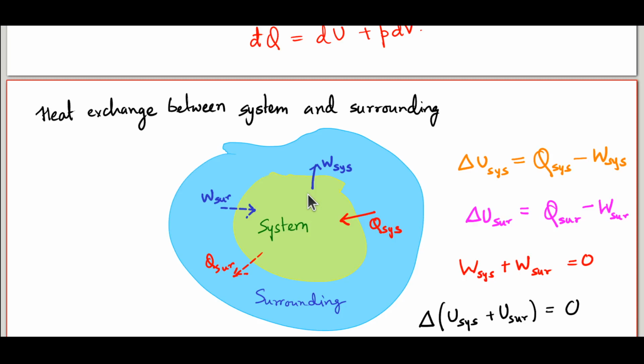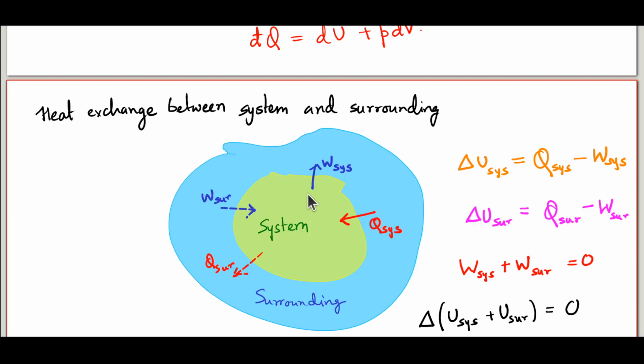Whatever force one exerts on the other, its reaction is exerted by the other on the first one. And since the forces are equal and opposite, and whenever the system gets displaced so does the surrounding, the work done has to be opposite to each other. Exactly. So W sys plus W surroundings is 0.